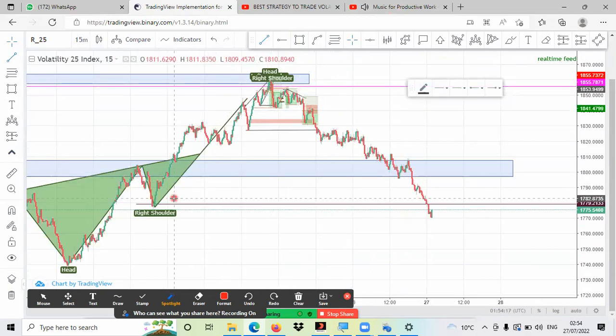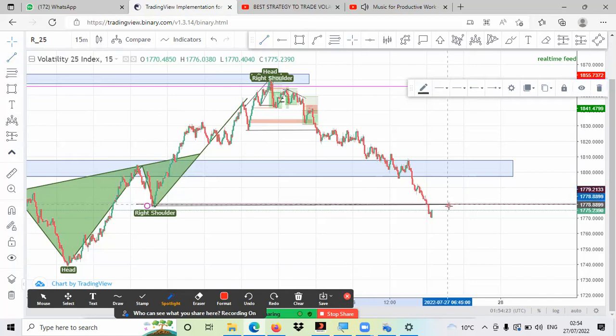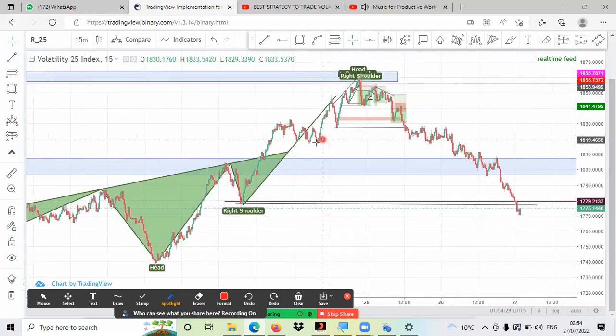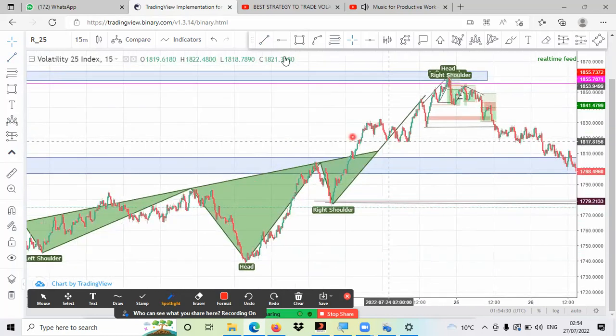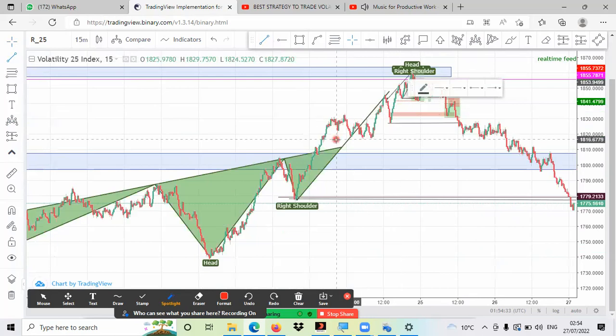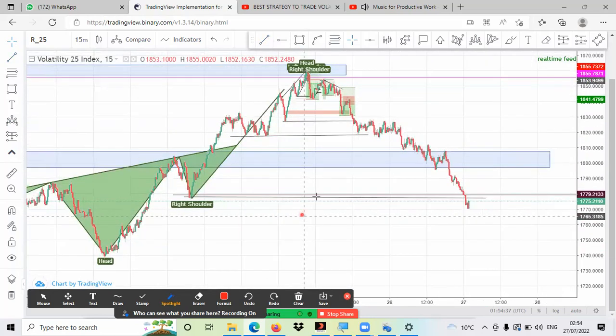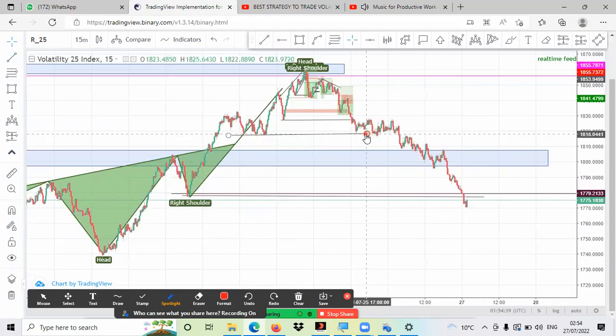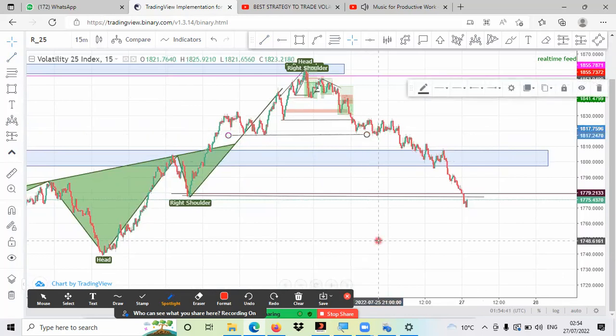We are targeting this particular area. This one is where our minor TPs are. Those are minor TPs.